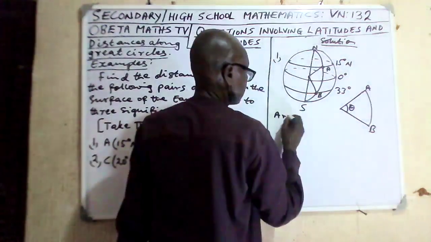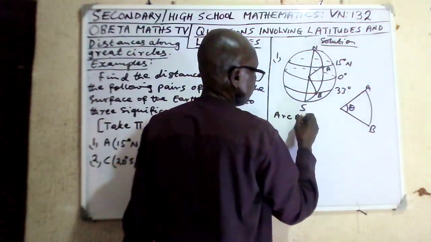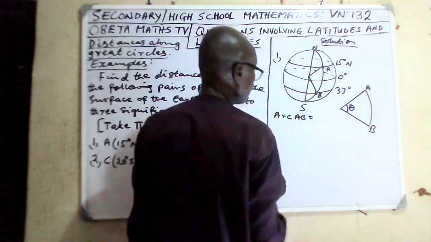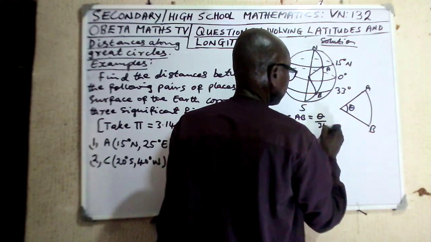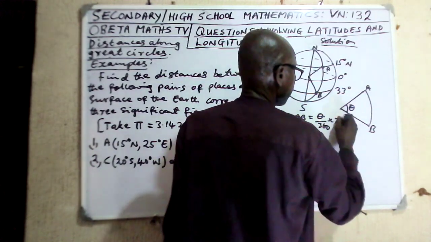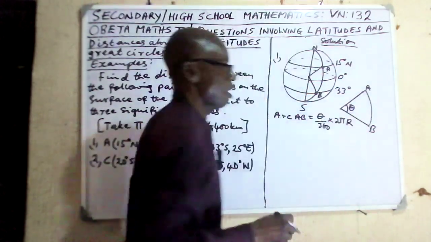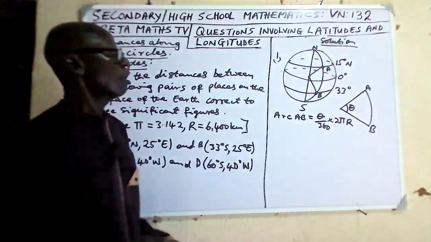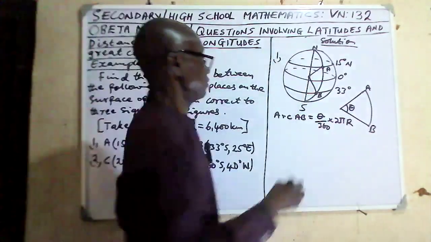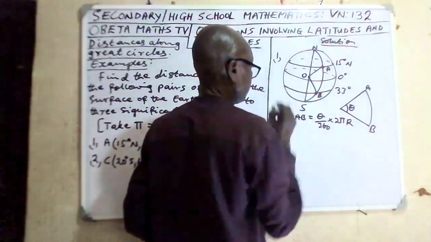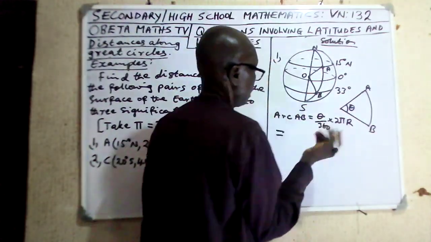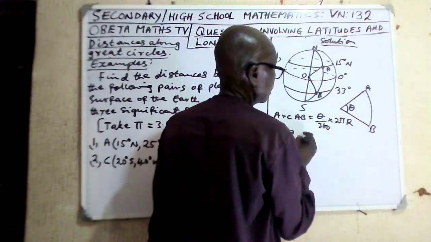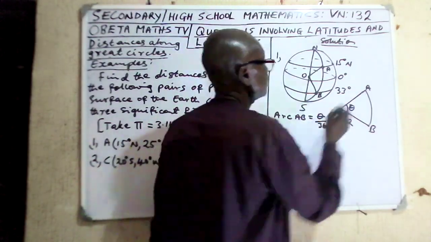So our AB is equal to theta over 360 times 2 pi capital R, because it's from the big center. So first of all, we need to find theta.